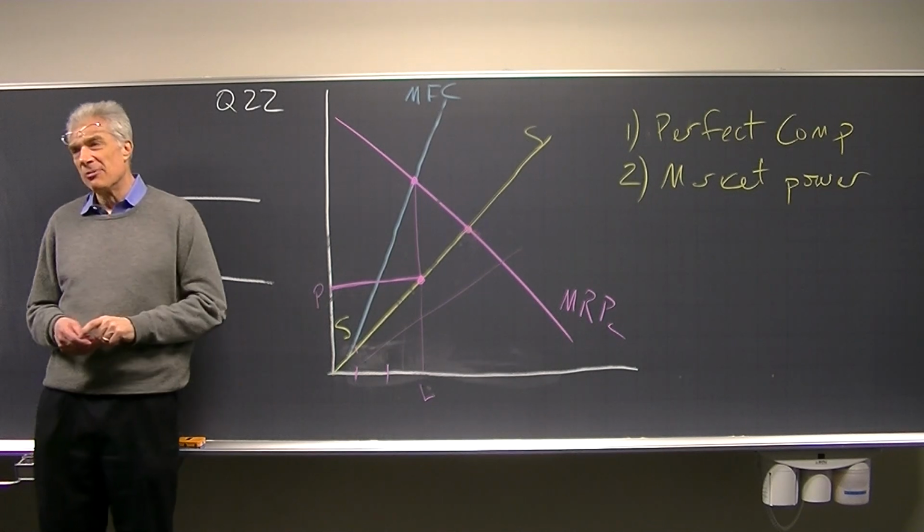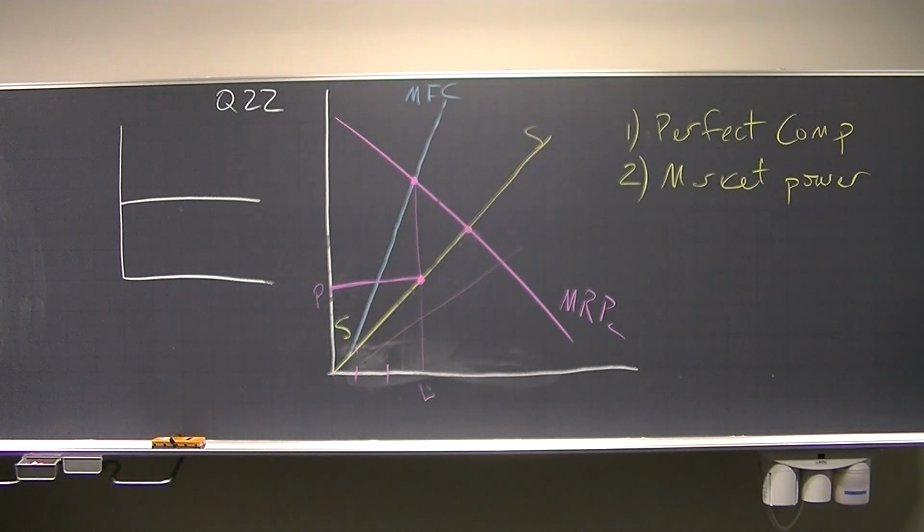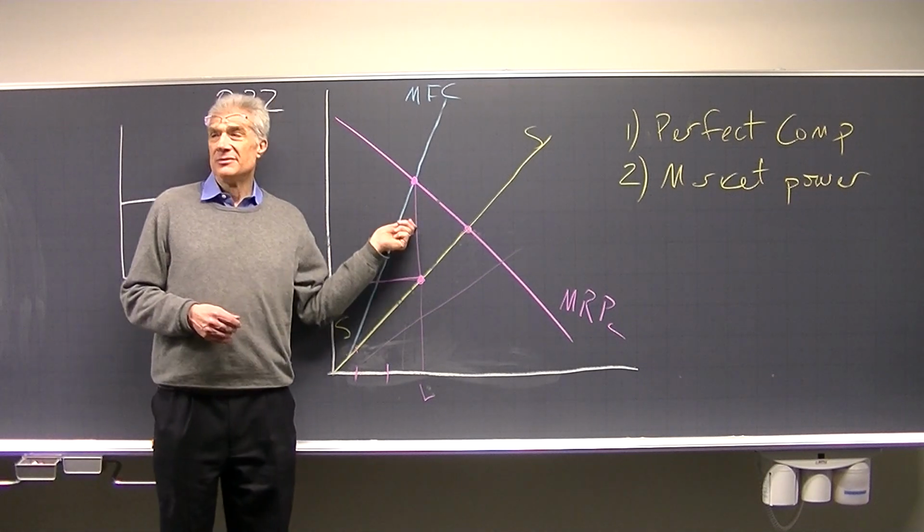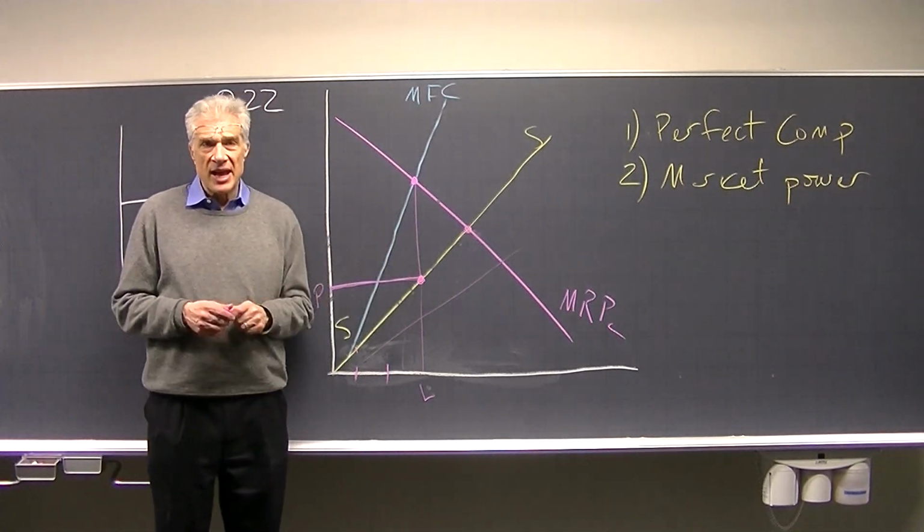It is their marginal cost curve of the industry as the amount of labor supply changes. But again, if it's perfect competition, they have no control. With market power, they have control. Keep that in mind. I'm probably going to ask something.